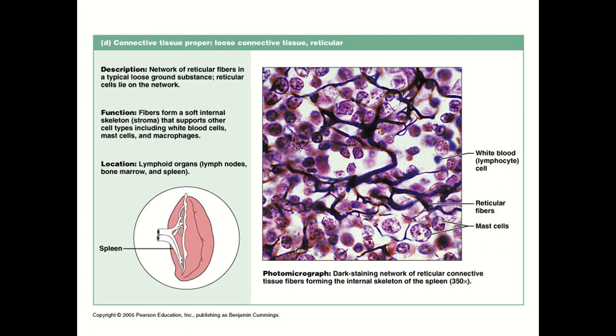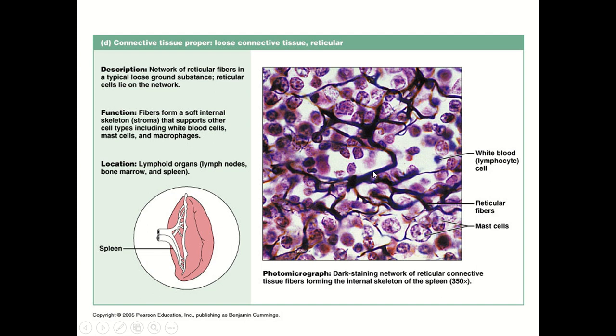For the last example of loose connective tissue, which is reticular. Reticular is actually a network of reticular fibers in a typical loose ground substance, and reticular cells lie on the network, as you can see over here, the darker in color.